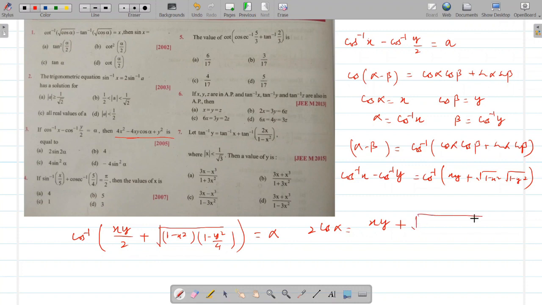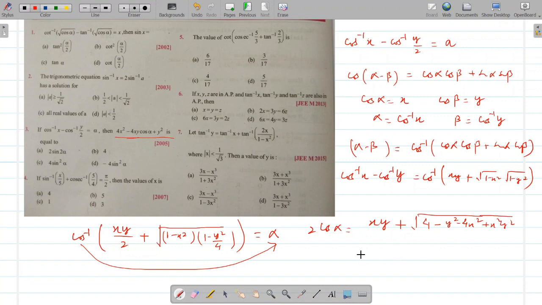So under root we get 4 minus, I have taken that LCM there and I took that 4 outside the square root and multiplied the other side. Once you get cos inverse on this side, I multiplied this side. So 2 cos alpha is equal to xy plus root of 4 minus y square minus 4x square plus x square y square.